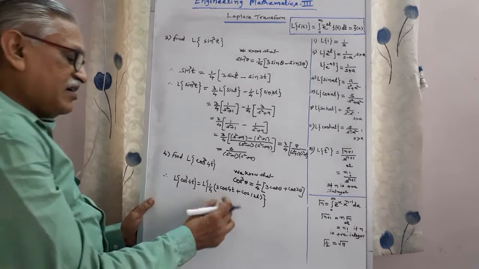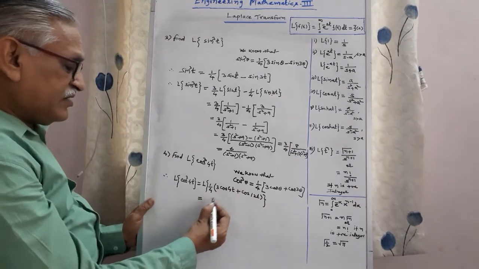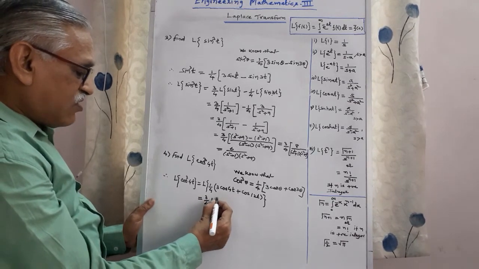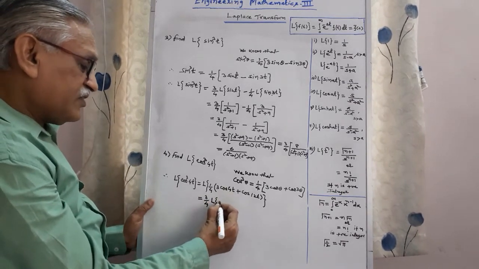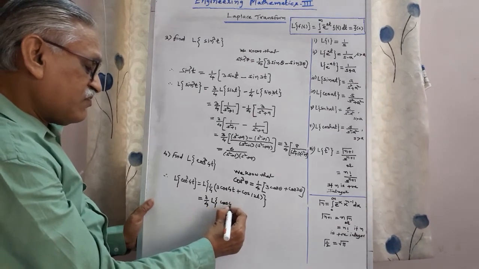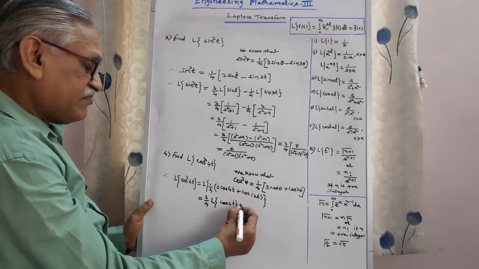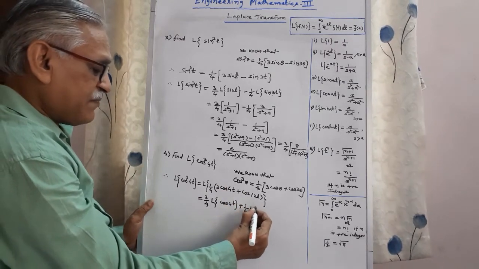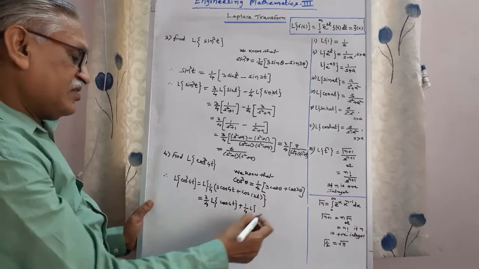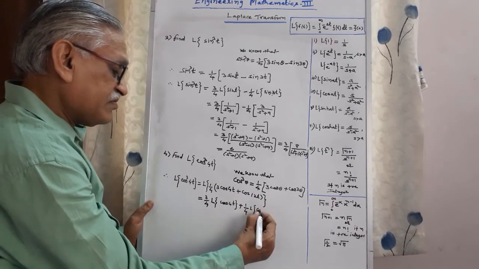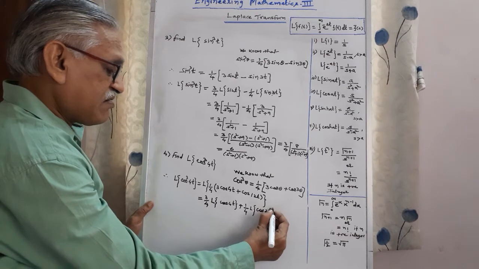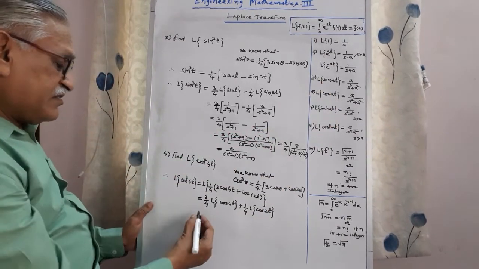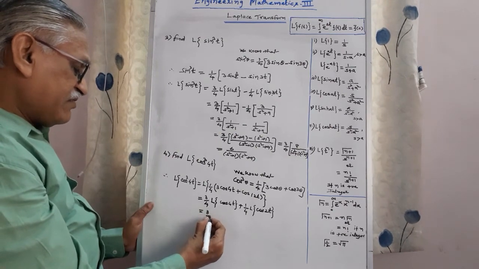Okay, and then applying property of linearity, 3 by 4 constant, Laplace of first term is cos of 4t, plus 1 by 4 Laplace of cos of 12t, and then applying this standard result, we get 3 by 4.